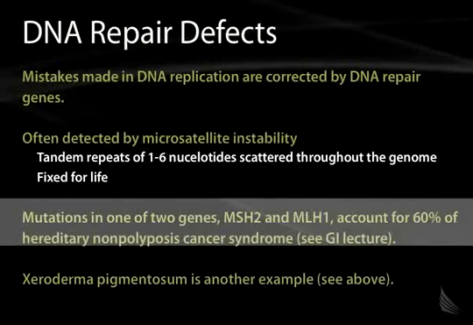Mutations in one of two genes, MSH1 and MLH1, account for over 60% of cases of hereditary non-polyposis cancer syndromes, and this will be reviewed further in the GI lecture. Another example of defects in DNA repair genes has been mentioned earlier in defects that lead to xeroderma pigmentosum.